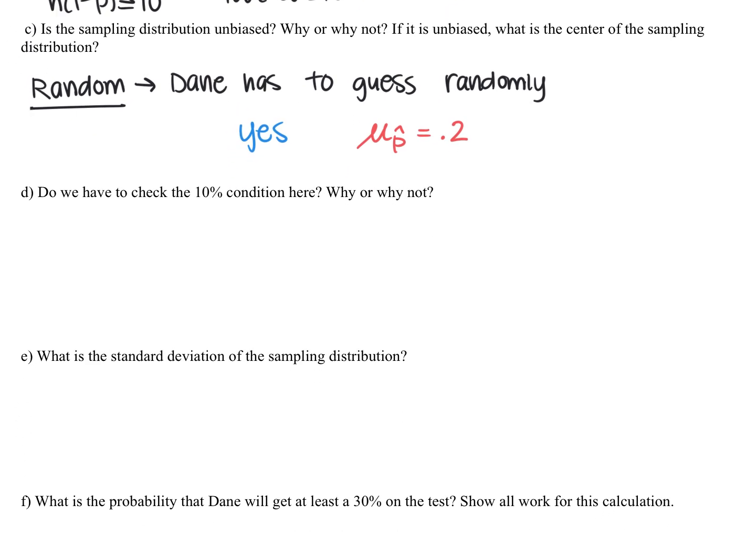Okay. Now we want to check that our 10% condition is met here. So our sample size 100 is less than or equal to 10% of the population, which would be all multiple choice questions. Multiply 100 by 10, you get 1,000. Are there at least 1,000 multiple choice questions?